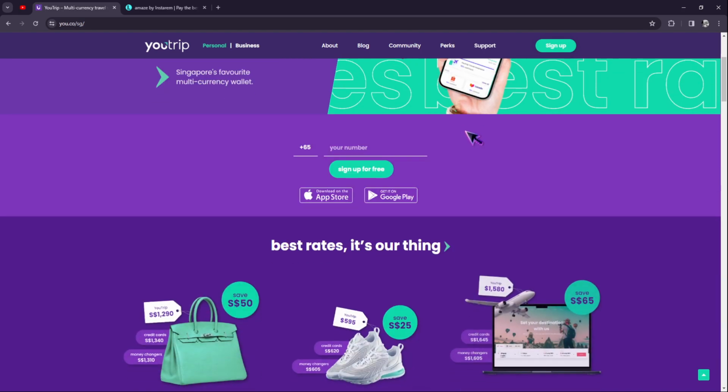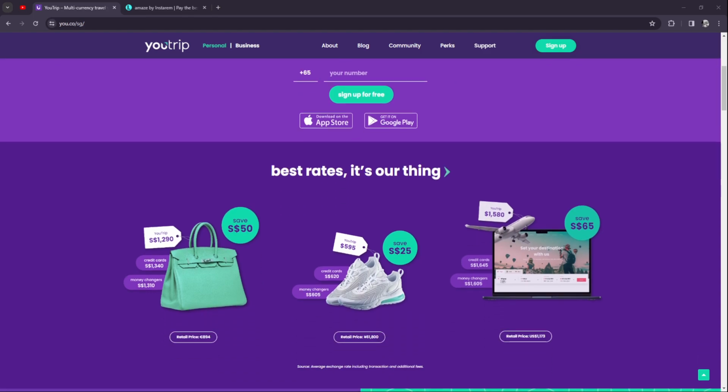Going to their mobile app, they are very well known for having a very user-friendly interface with real-time transaction tracking and management. Because we are talking about finance, we want everything to be monitored properly, right? So that's one of the best features in their mobile app.